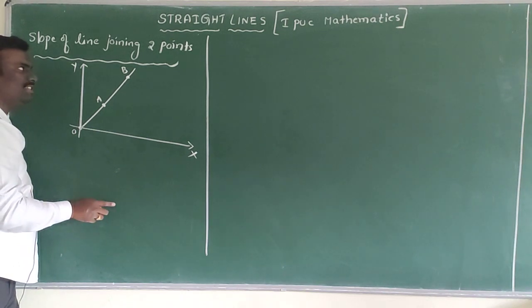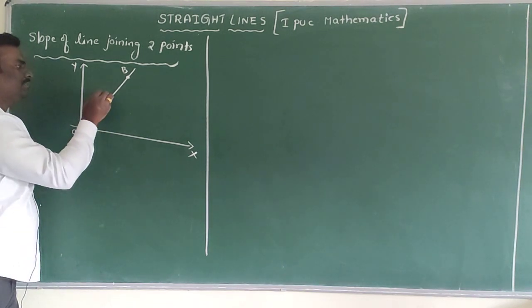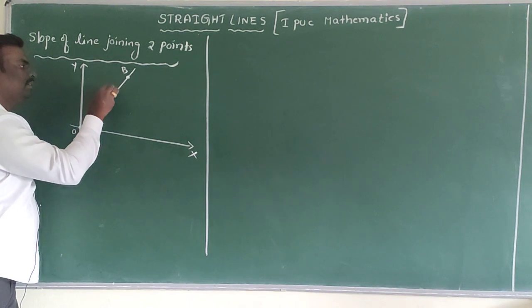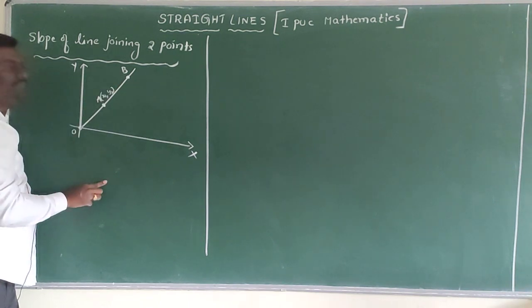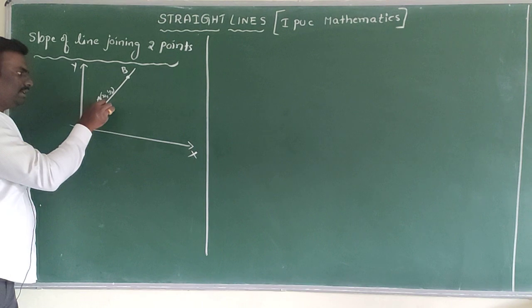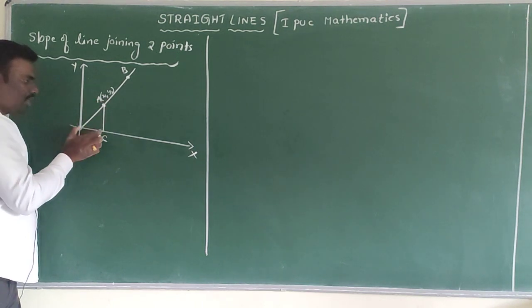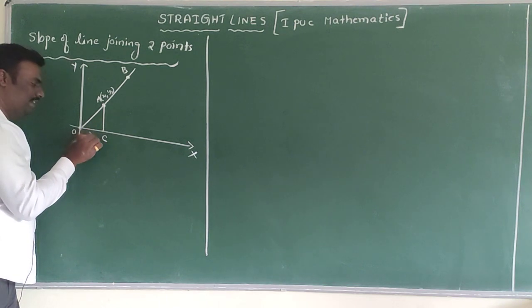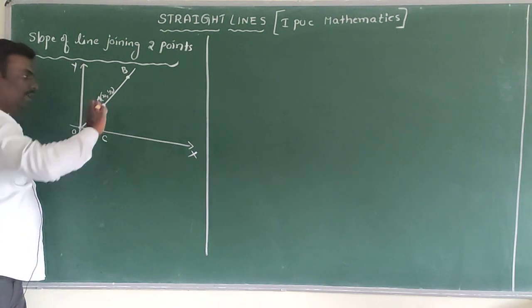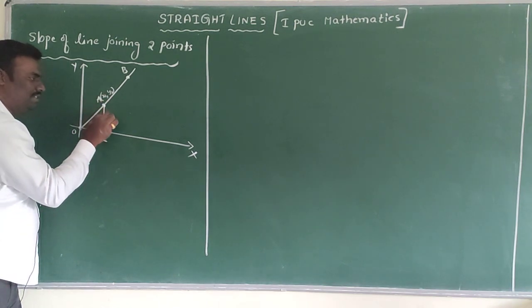Now the coordinates of A are x1, comma y1. That is nothing but this horizontal distance, which can be considered as x1. The vertical distance can be considered as y1.